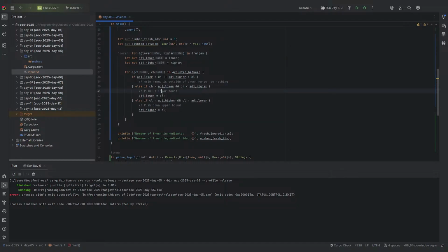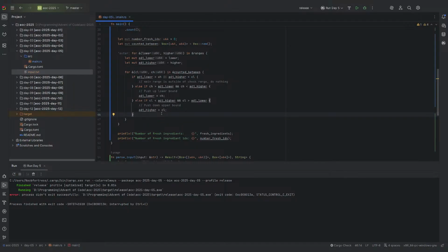Okay, so in this case we only need to push the lower bound up. In this case we only need to push the upper bound down. No case where both bounds have to be cut by the same one.